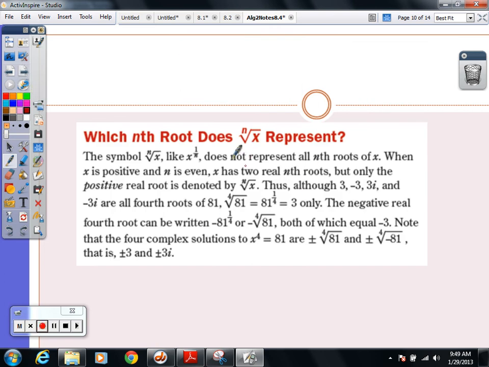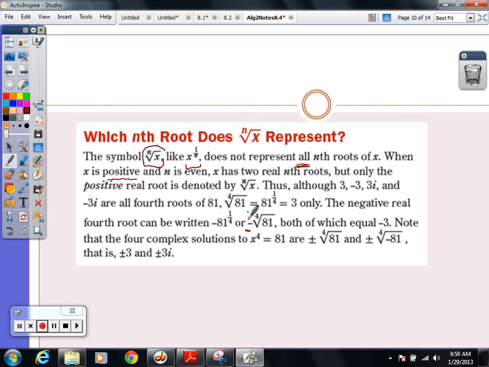Okay, this is a lot of words. Basically what this is saying, again, is when you have this symbol, just like when you had this symbol, we're not talking about all of them. We are only talking about the positive ones, okay? We assume positive. If they are wanting you to give a negative root, they will stipulate that by putting a negative in front of it.